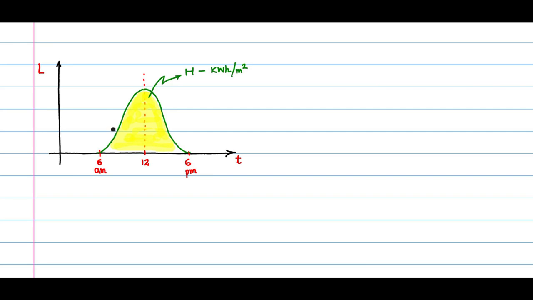Now, this area can be approximated or represented equivalently in terms of the standard insolation. So if we consider the standard insolation line, it is in this fashion. So this is a 1 kilowatt per meter square line, and this is the standard insolation line.